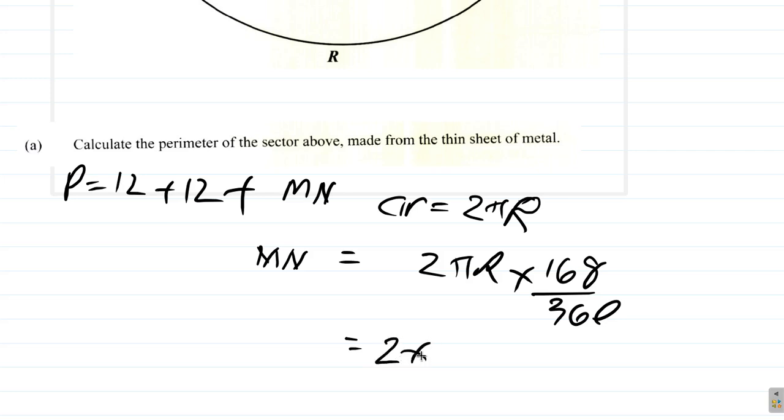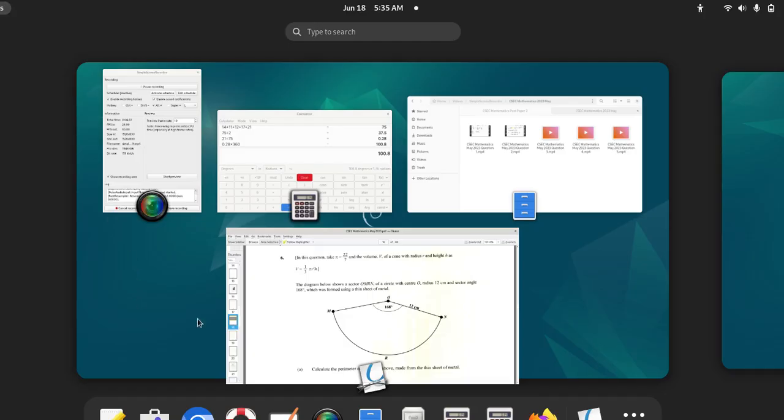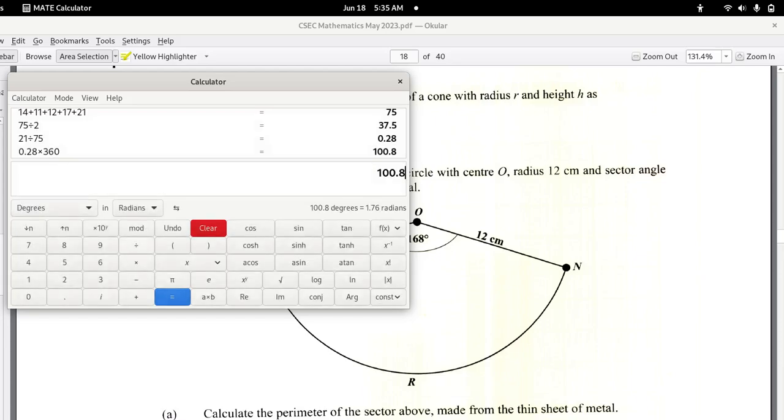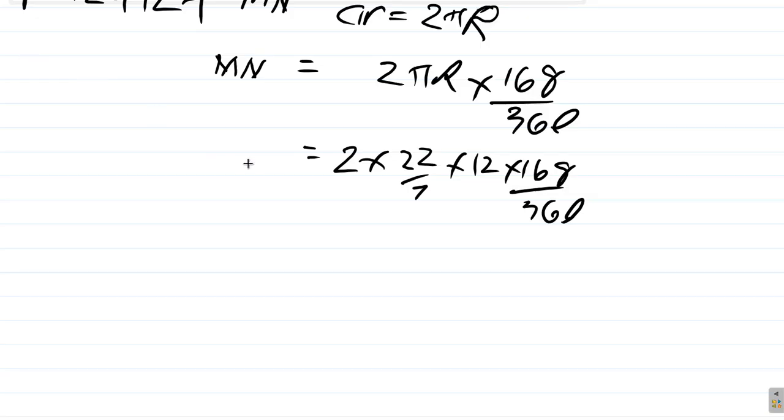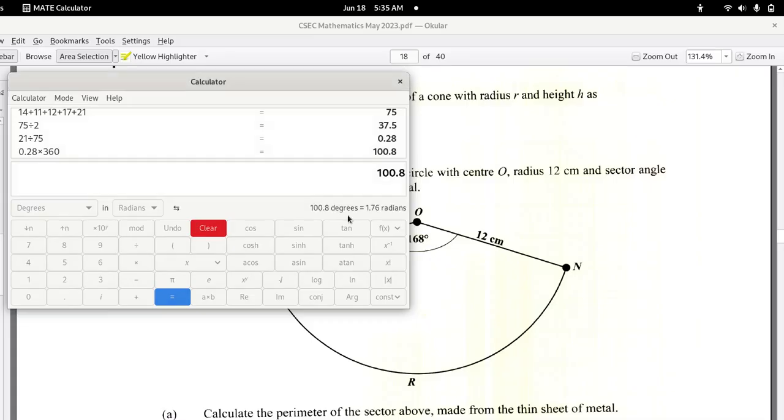So it's 2 times 22/7 times the radius of 12 times 168 over 360. And you just use a calculator to work it out. So our calculator here, let's clear it.